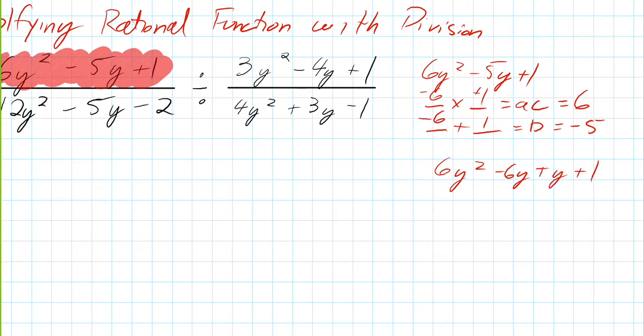We've decomposed that middle term, and then we do some factoring by grouping. Is that familiar to do, the factoring by grouping? Yeah. So here I can take out 6y out of both of these. So we'll get 6y, and that will give us just y inside and negative 1.